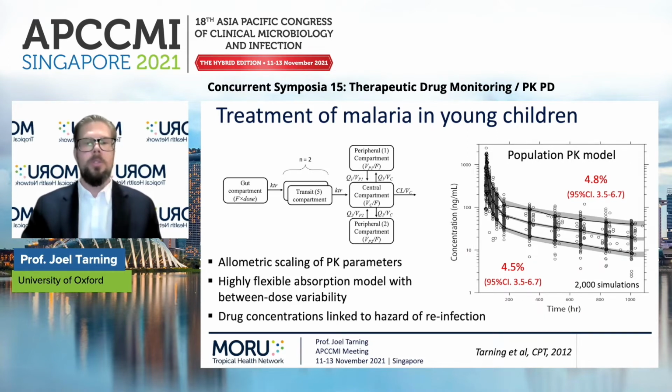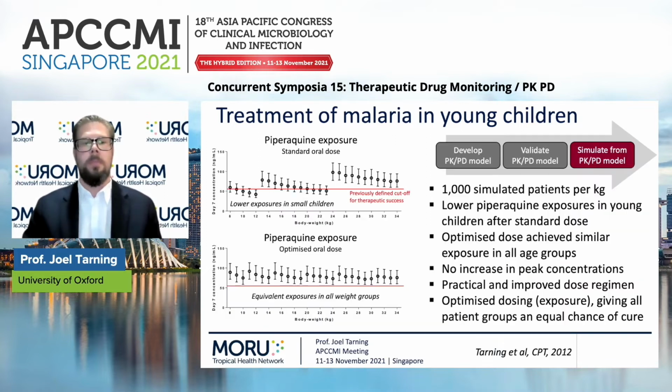So that means that we can use the model for simulation purposes and explore what-if options. So we used this developed model and simulated 1,000 patients per kilogram body weight. And this resulted in lower exposure in small children.